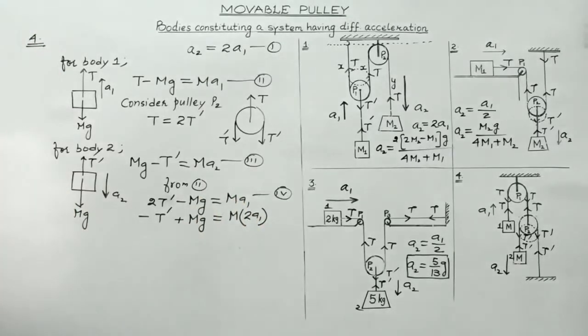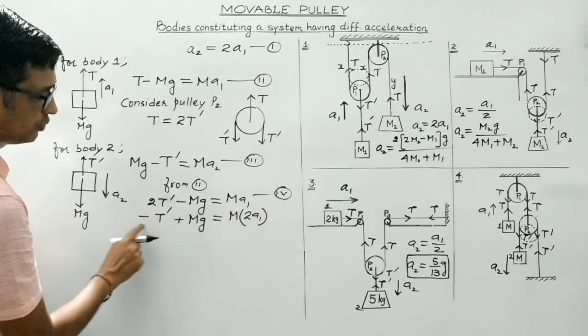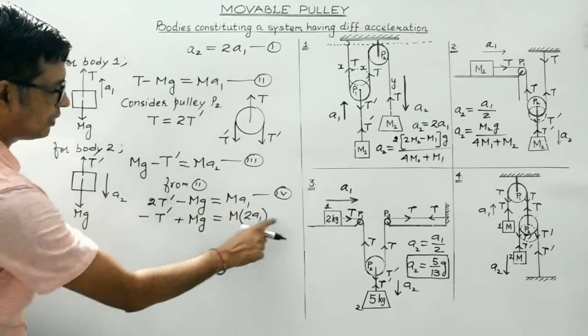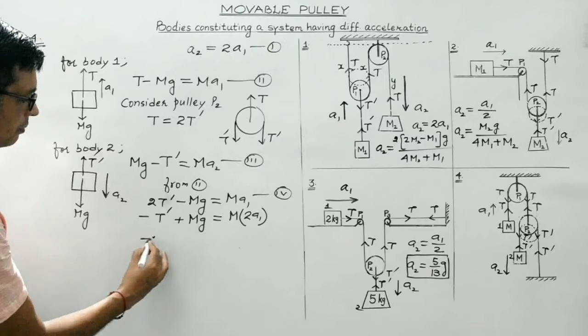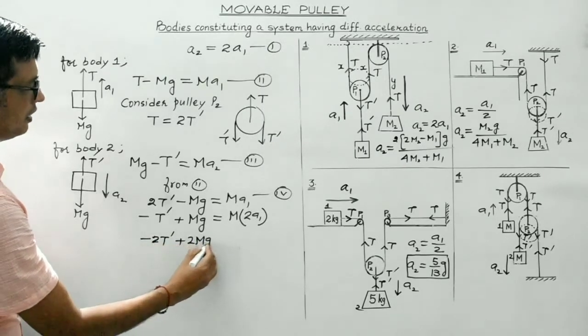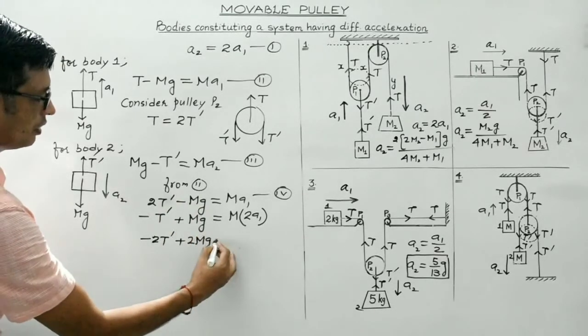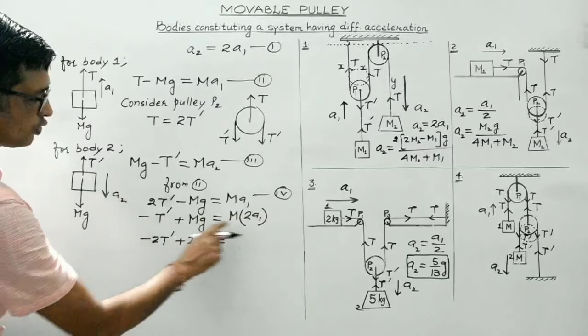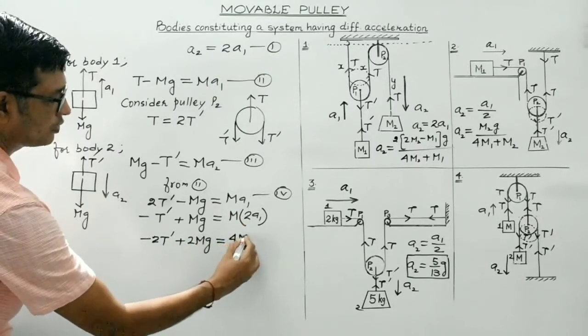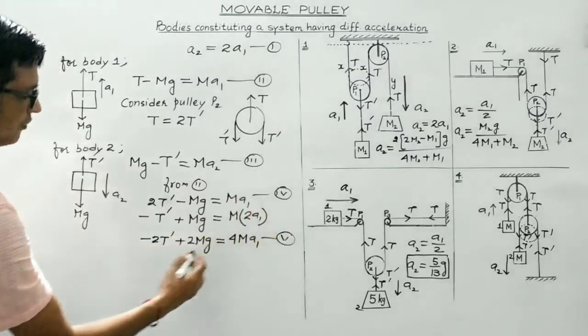Right, students? Now, in order to equate the coefficients, let's multiply this equation throughout by 2. So, what do we get is minus 2T dash plus twice mg, isn't it? Is equal to, we are multiplying throughout by 2, so 4 times m into A1. Put this as 5. Now we can add 4 and 5.